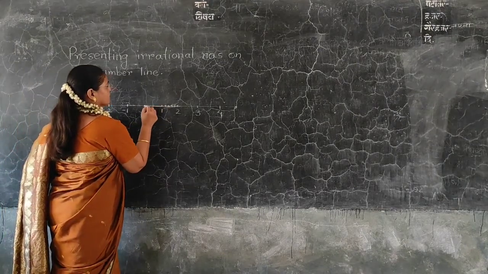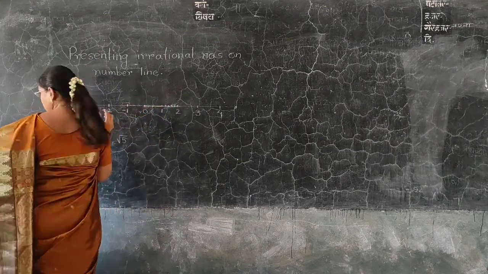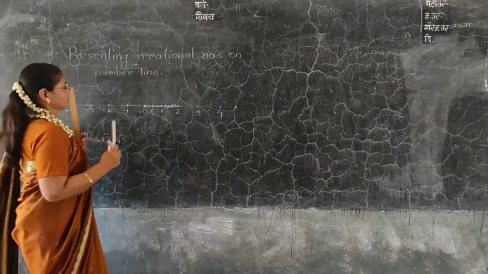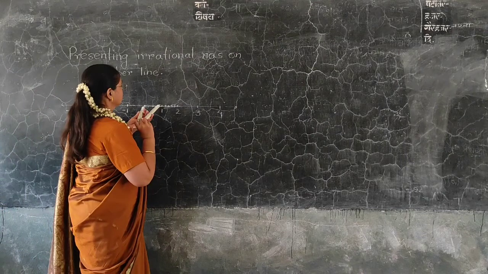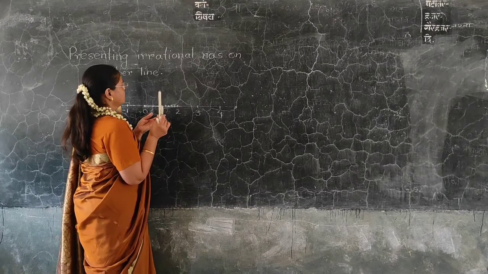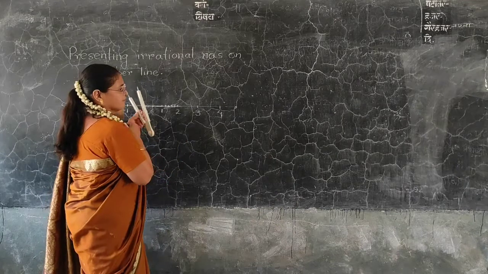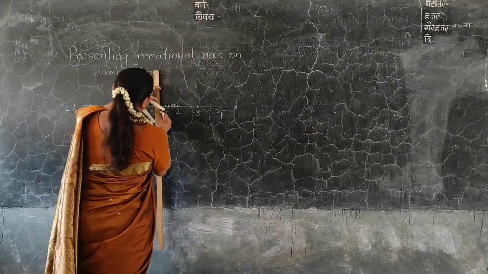1 unit here we have taken. We have to calculate this 1 unit distance, and the same distance we have to take on a perpendicular. We have to draw a perpendicular.